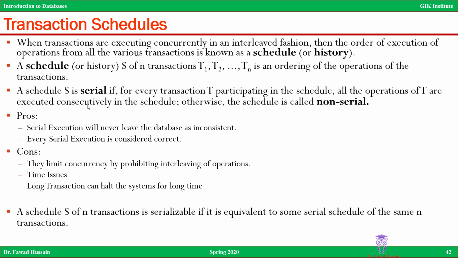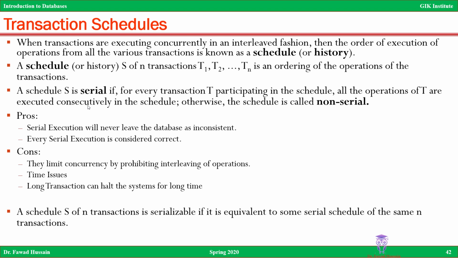Then the order of execution of the operations from the various transactions is known as the schedule or the history. So the way in which the transactions are going to be executed is known as the schedule of the transactions.